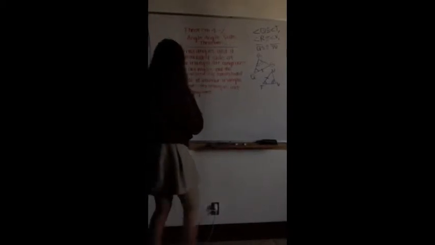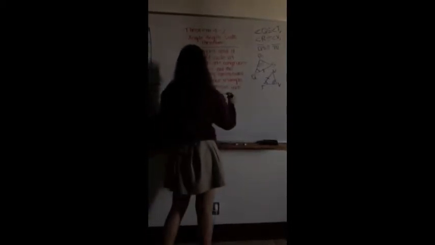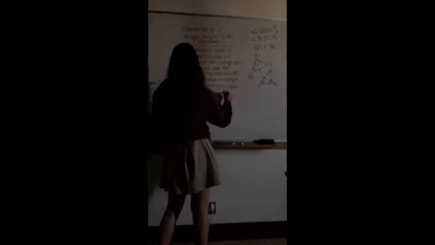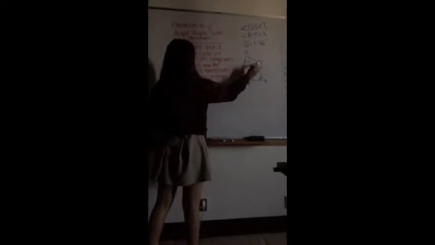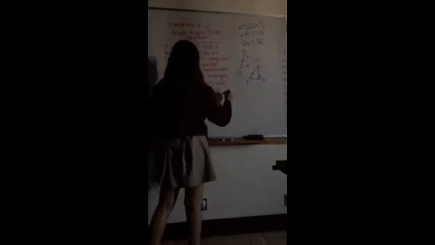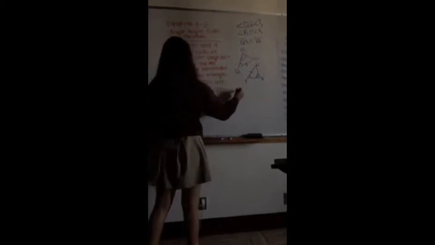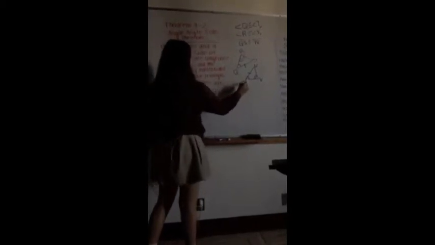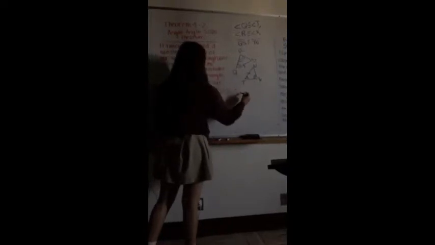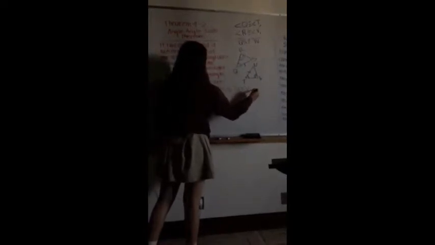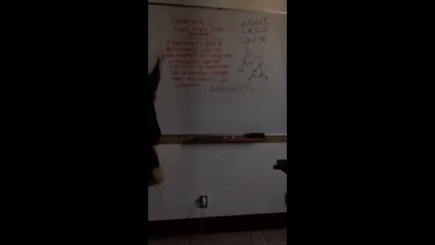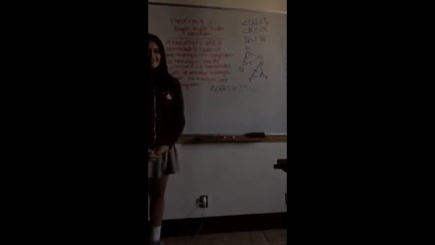So that means that triangle QRS is congruent to triangle TVU by Theorem 4.2, the Angle-Angle-Side Theorem.